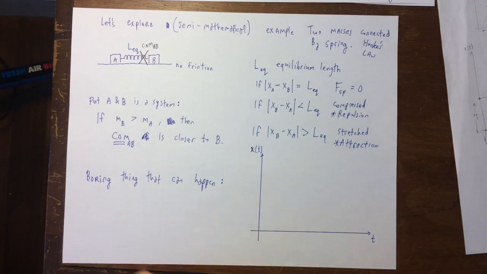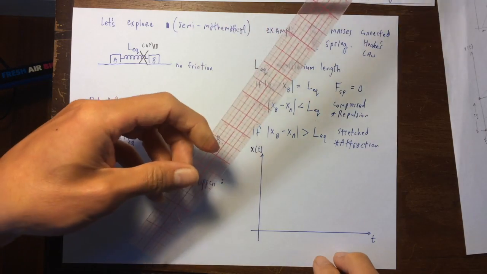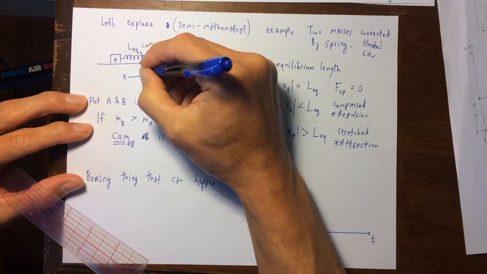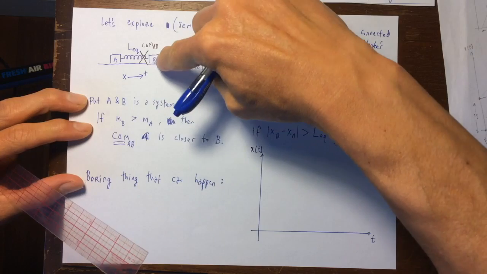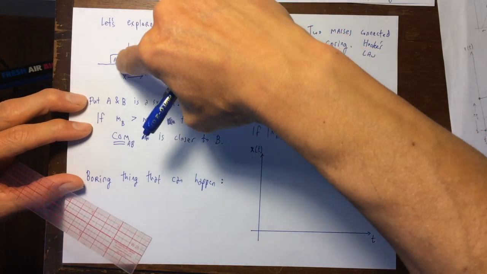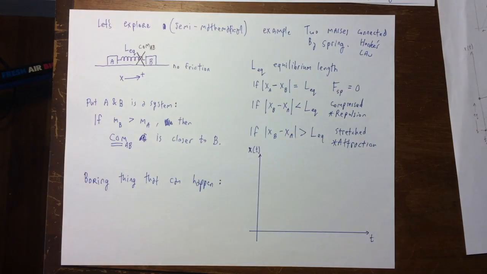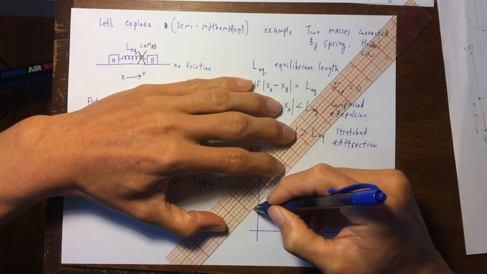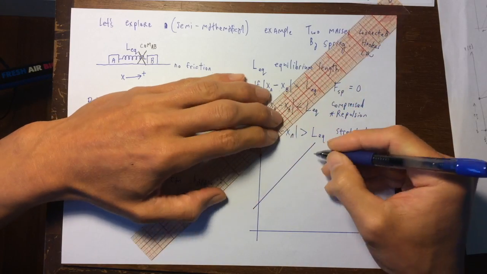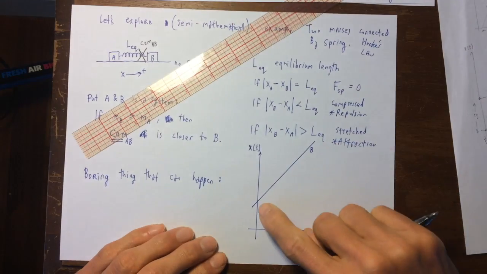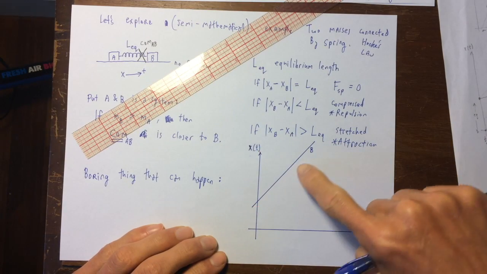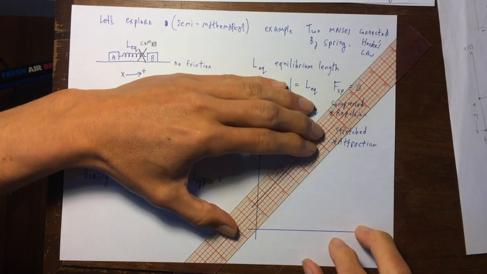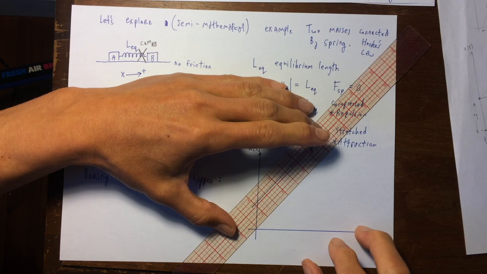So I'm going to draw this graph. Let's say that the x direction increases towards the right, so the position of B is going to be bigger than the position of A. The x location of B is bigger than the x location of A. So here is the position in time of object B, and here is the position in time of, say, object A.